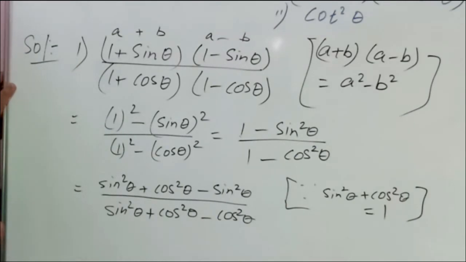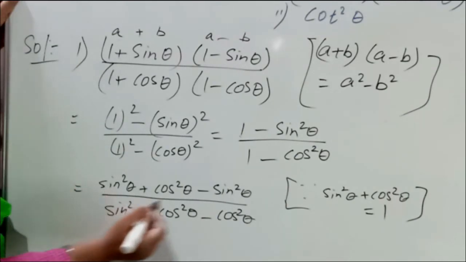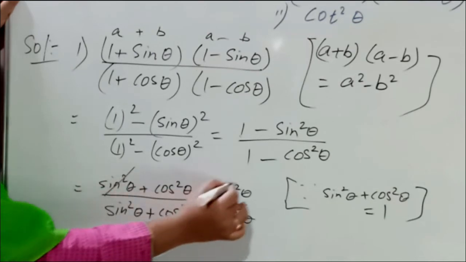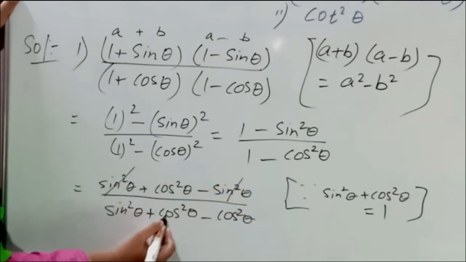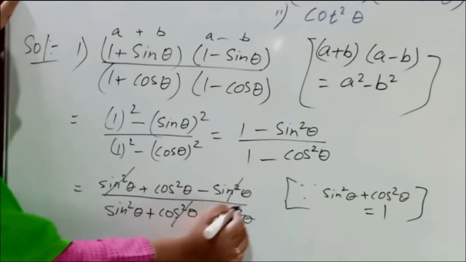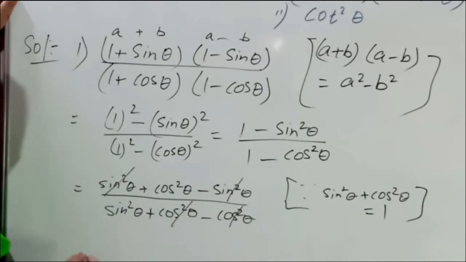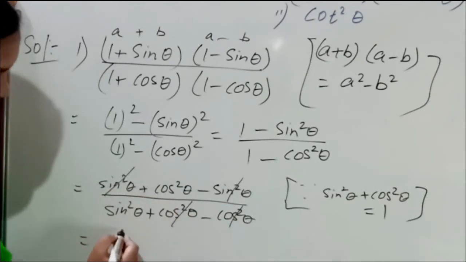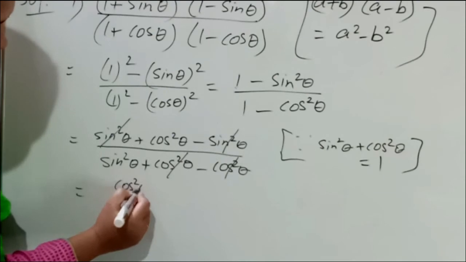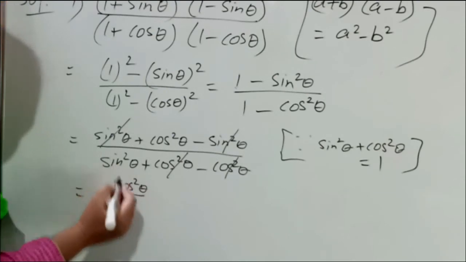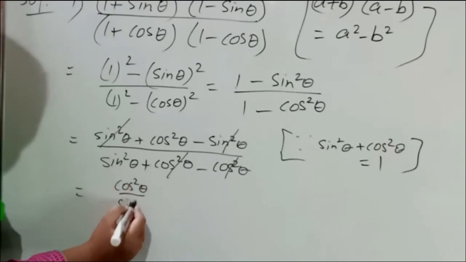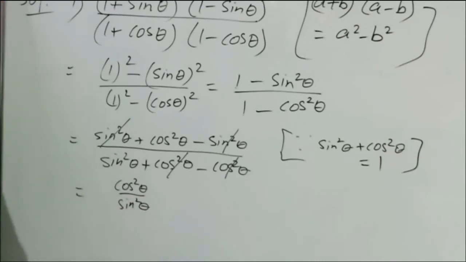Now you see something is cancelling. Plus sin square theta minus sin square theta cancelled. Plus cos square theta minus cos square theta cancelled. What is left? Cos square theta by sin square theta. Is it not? This much only left, cos square theta by sin square theta.